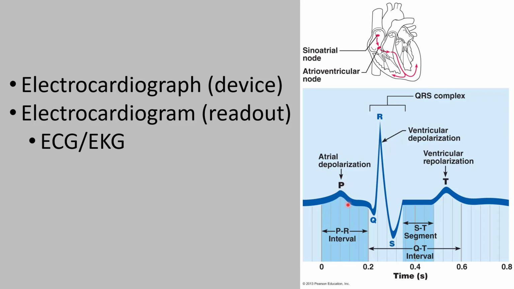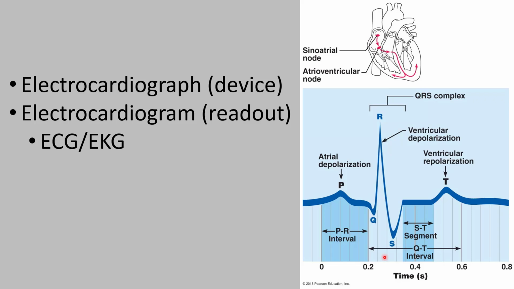P wave was atria depolarized. The flat spot after the P wave, the atria went into systole. Well, the order would tell us that after systole comes repolarization. So one thing that happens during QRS complex is atrial repolarization.